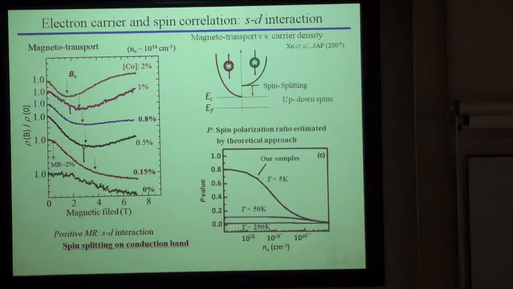And in the case of, for example, our sample, at very low temperatures, it shows this carrier concentration dependence of the P-value. P-value means the estimated spin polarization ratio. There may be some bias in this model, but anyhow, some relation between such spin characters and the conducting behaviors is demonstrated in these systems. So this is one example of the interactions.